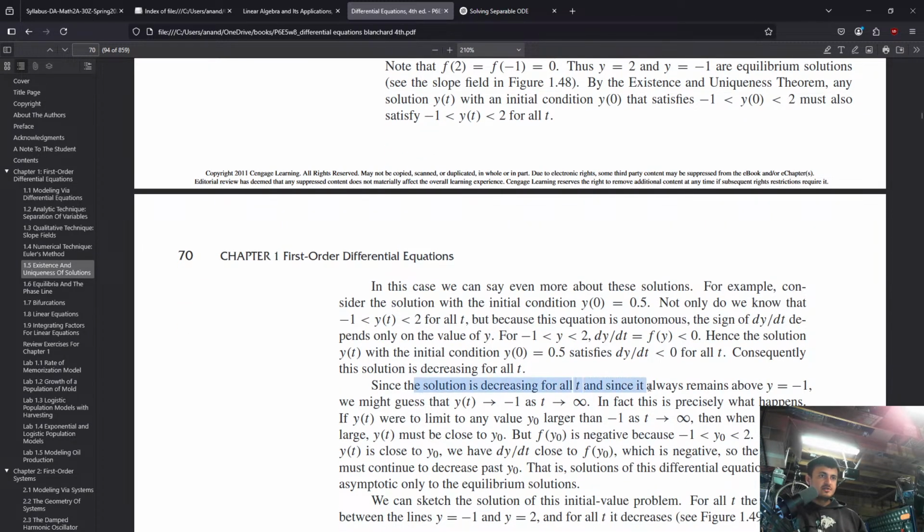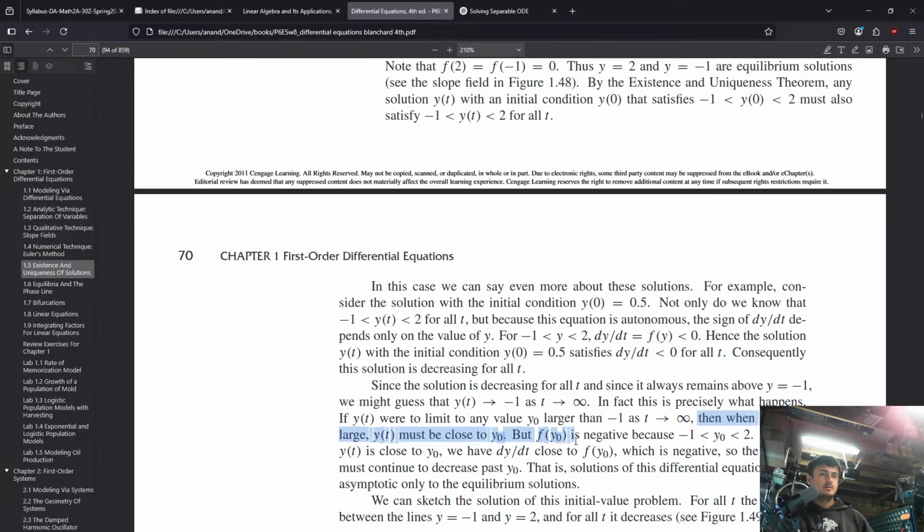Since the solution is decreasing for all t, and since it always remains above -1, we might guess that y goes to -1, and this is exactly what happens. If y of t were to limit to any value y0 larger than -1, then when t is very large, y of t must be close to y0.